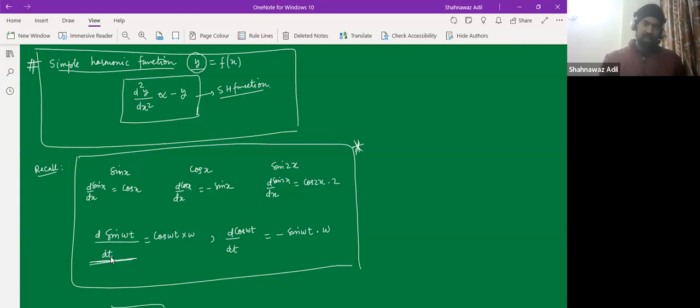Time will be the parameter. So the differentiation of sine omega t would be cos omega t, multiplied by whatever coefficient there is. Quickly note it down and then understand the important things.